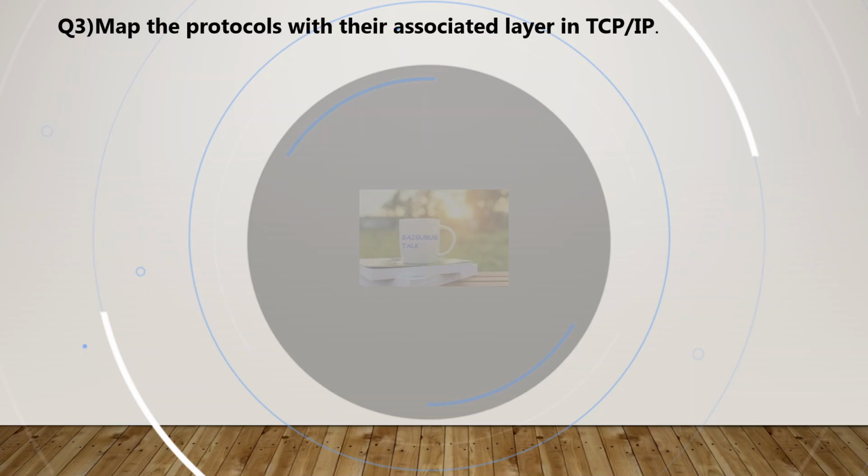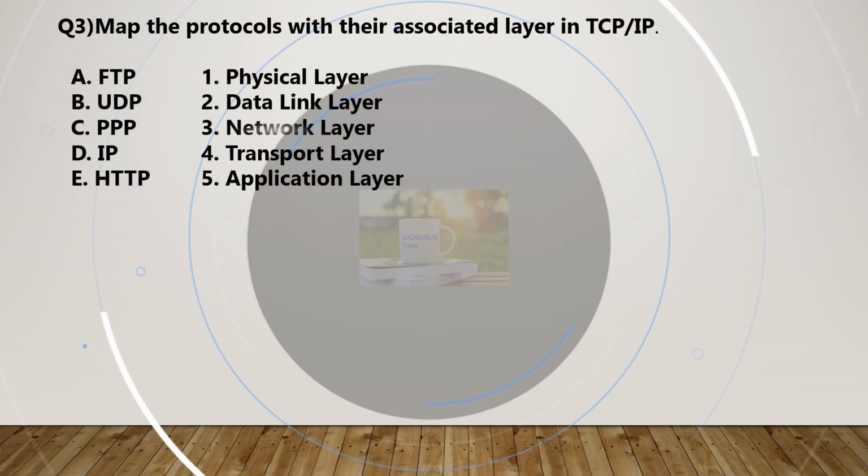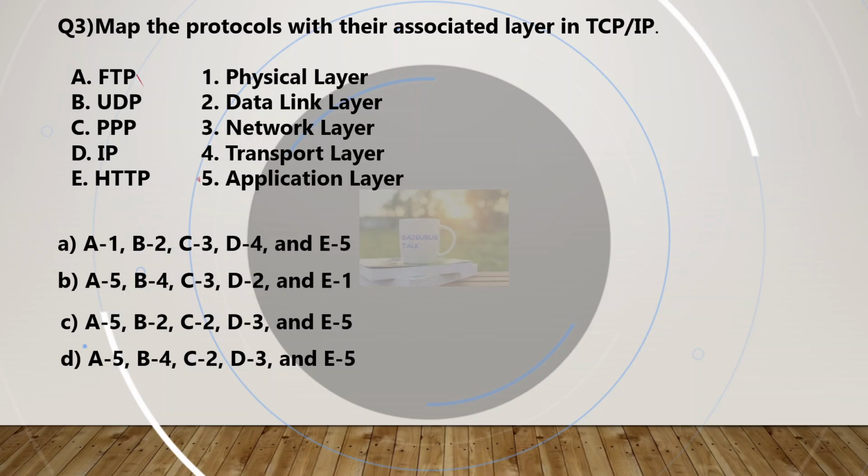Now, the third question is again about mapping, between various protocols and their associated layers in TCP/IP. The options are A, B, C and D. FTP and Hypertext Transfer Protocol operate in the application layer.